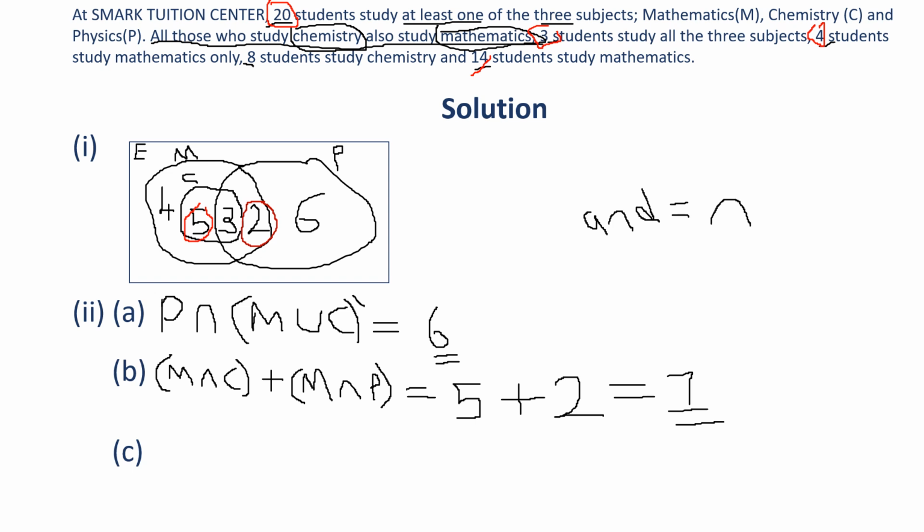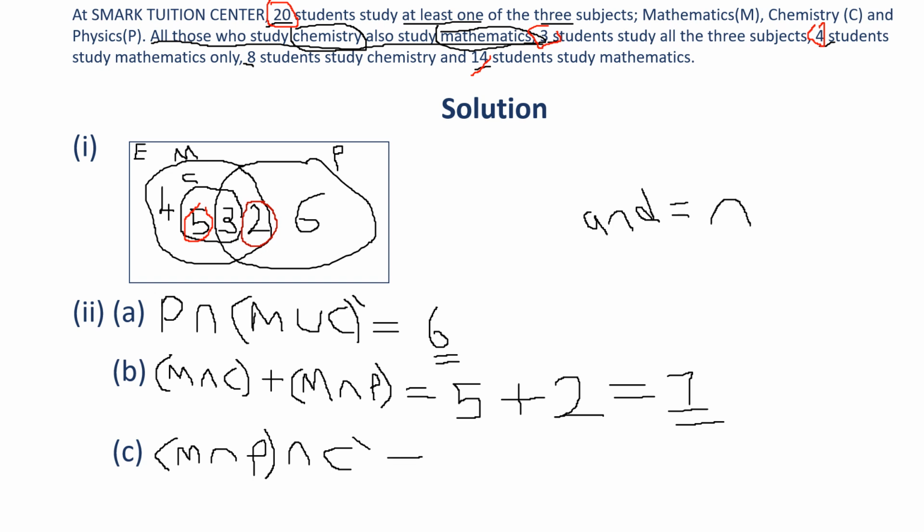So you get mathematics intersection physics, then intersection C complement.